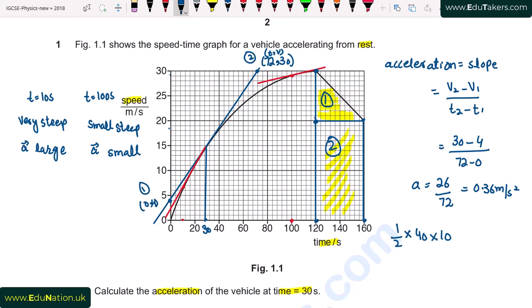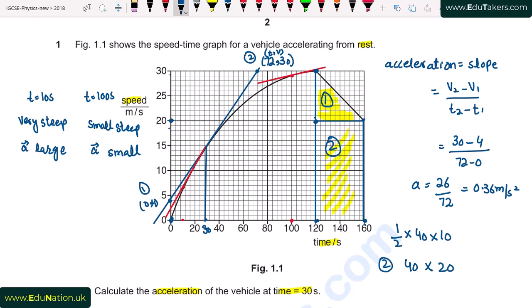Next we have to find out for the region 2. It will be equal to 160 minus 120, that is 40, multiplied by, here it is 20 and at this point it is 0. So just multiply it with 20 and add both of these to find out the area under the given curve.